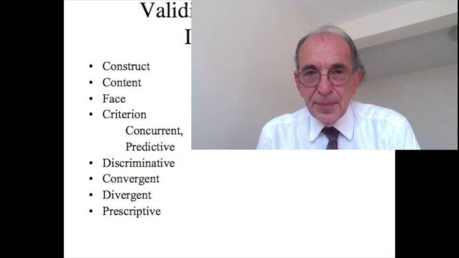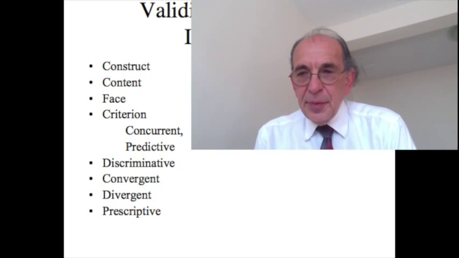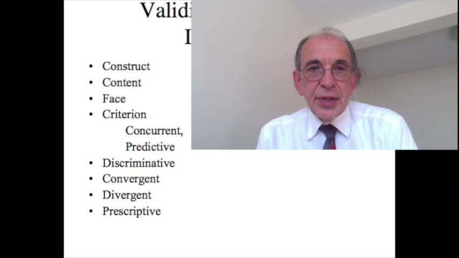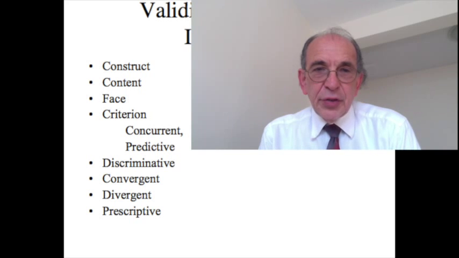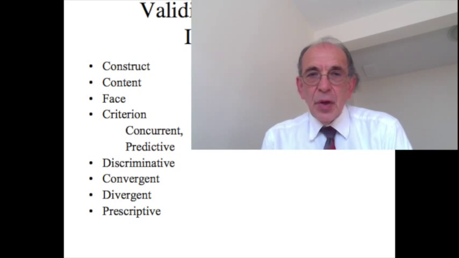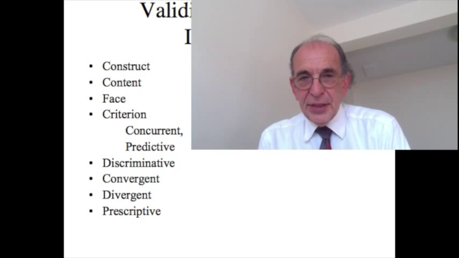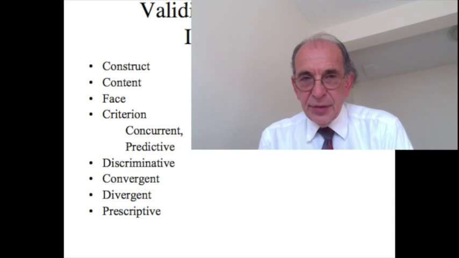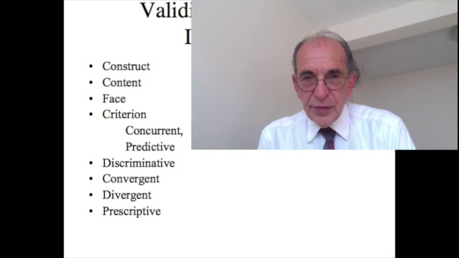Another type of validity is criterion referenced validity. What is criterion referenced validity? There are two types: concurrent validity and predictive criterion referenced validity. Let's talk about concurrent first.